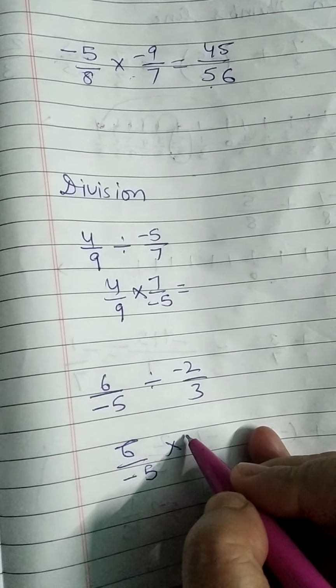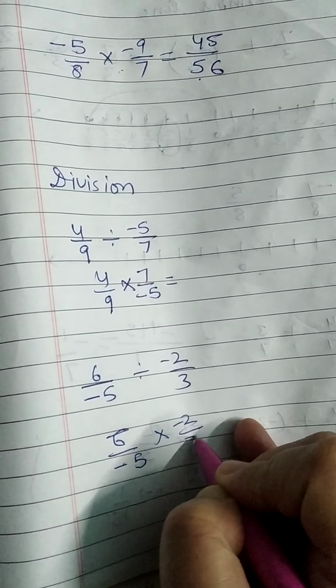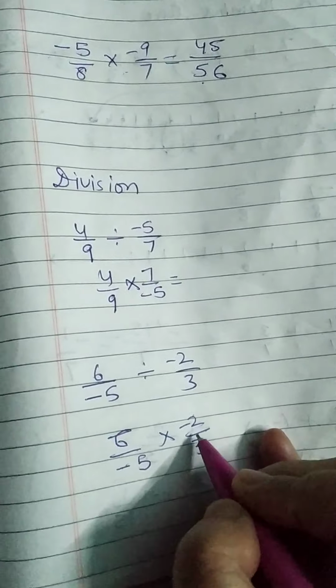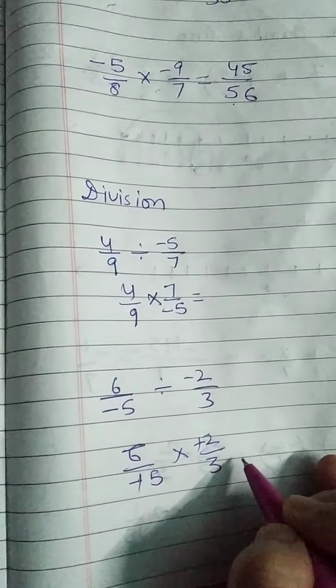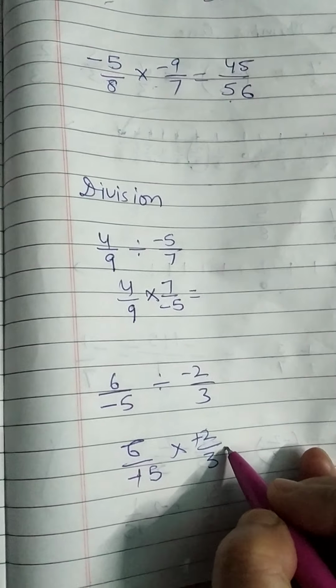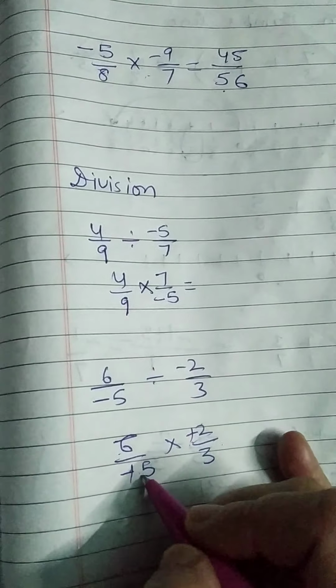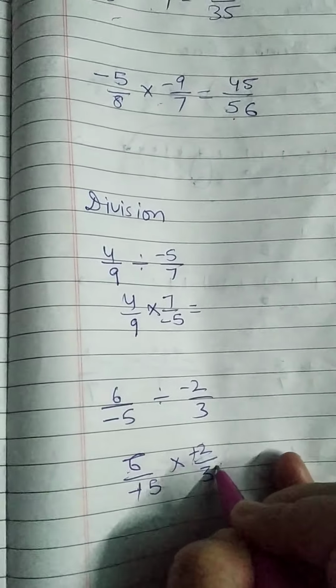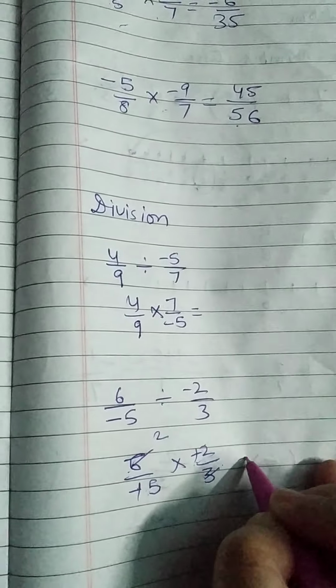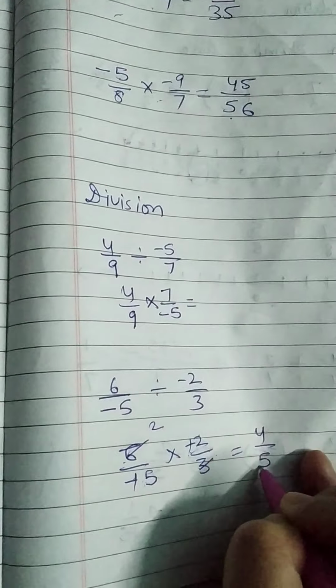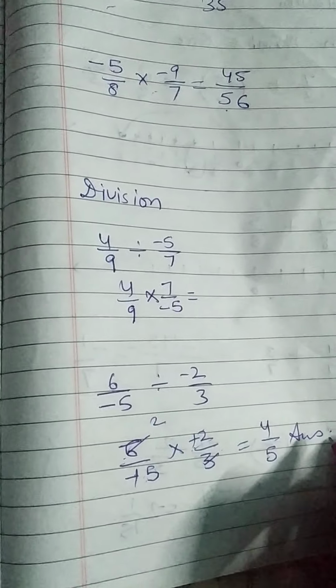It's the same. So this minus will be cut by minus. If the minus were on top, it would also cut with this; it is below, and it has still cut. We will cut this. 3 2s are 6, 2 2s are 4, 4 by 5 will be your answer.